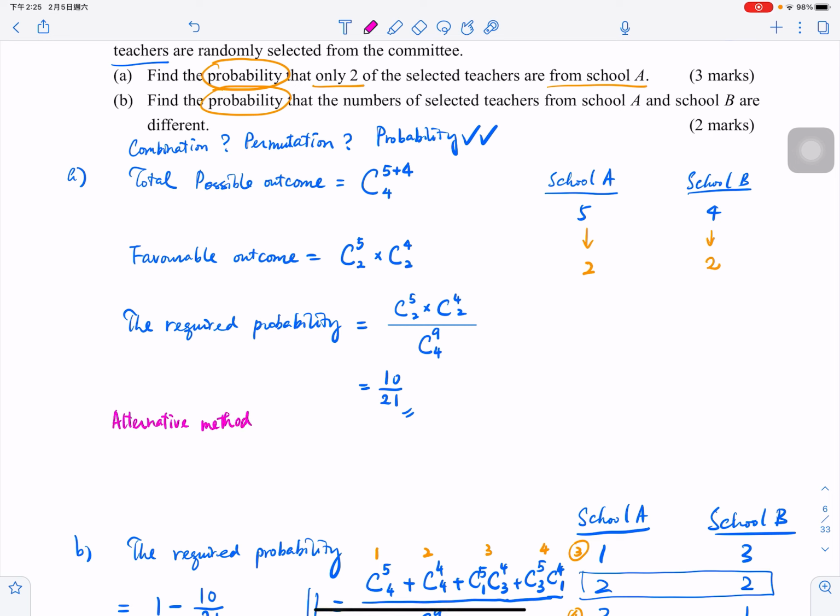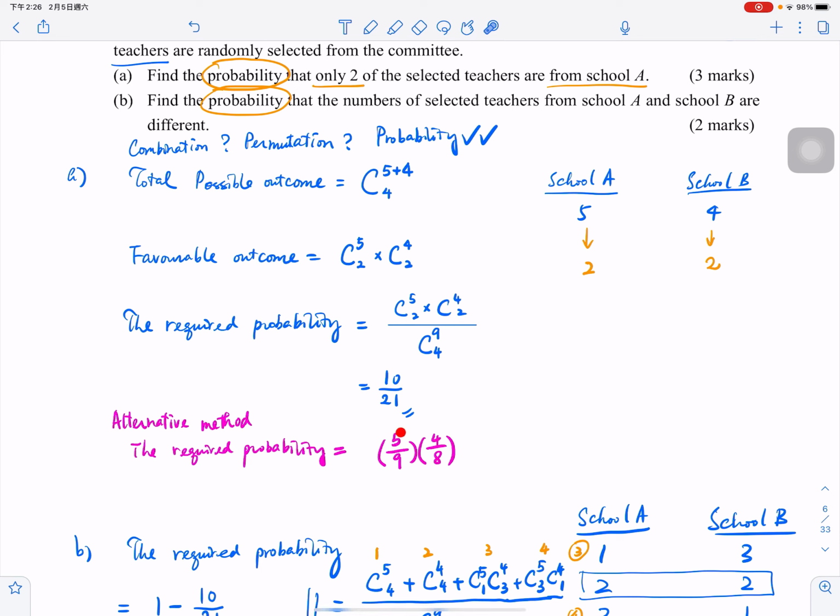So this one, the required probability, how to think about it? All of them, 9 teachers from school A, 5/9.